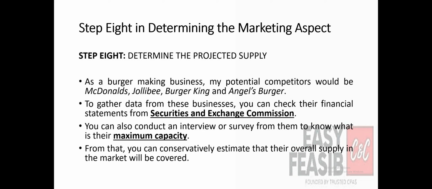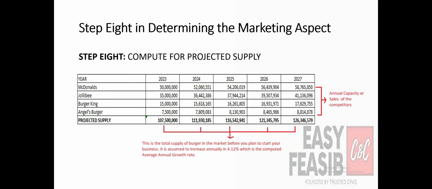Prepare a table like this one to compute for the projected supply. The first column would be for the list of your competitors. The second to sixth column would be their annual maximum capacity. Like in McDonald's, it's indicated here that it can only provide 50 million burgers in 2023, and it's projected to increase every year using the annual average growth rate of 4.12%, which we computed on our last video entitled Chapter 2, Marketing Aspect, Part 1, Population and Annual Average Growth Rate.